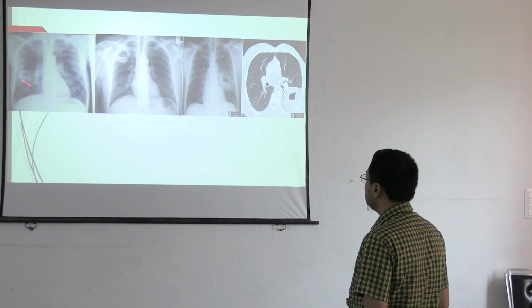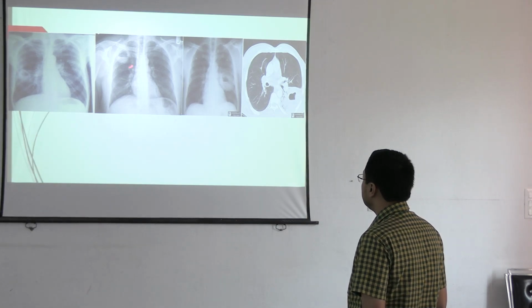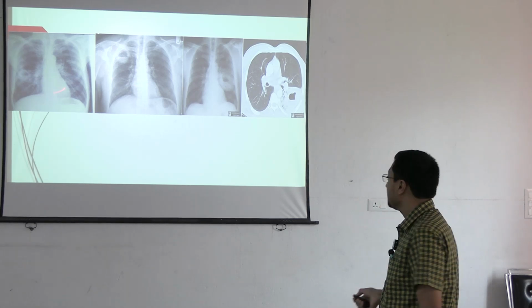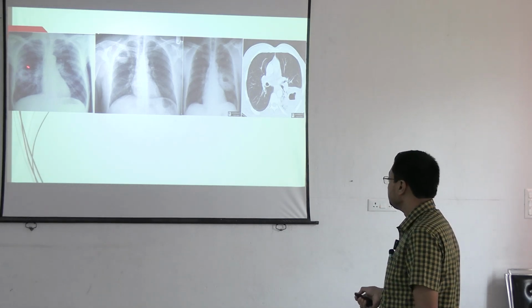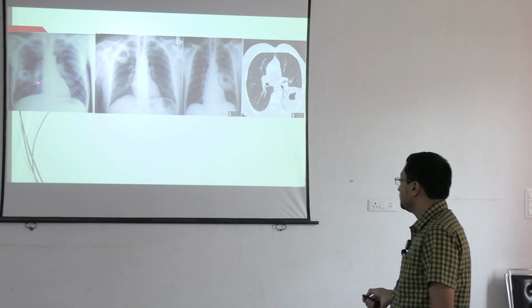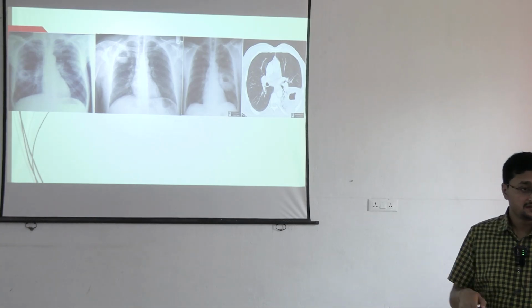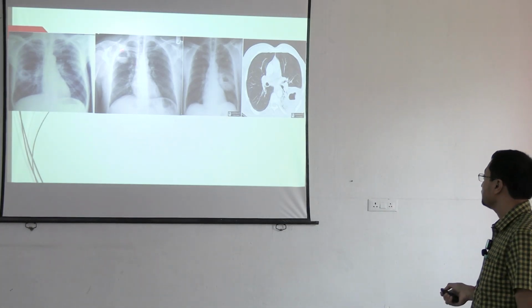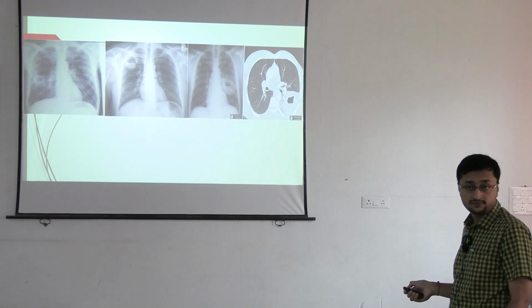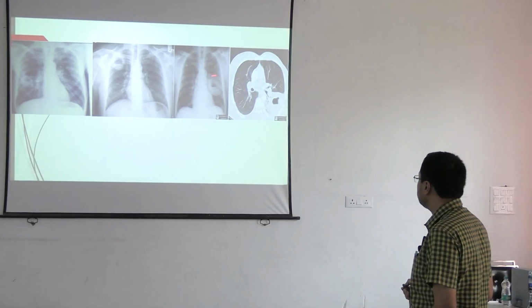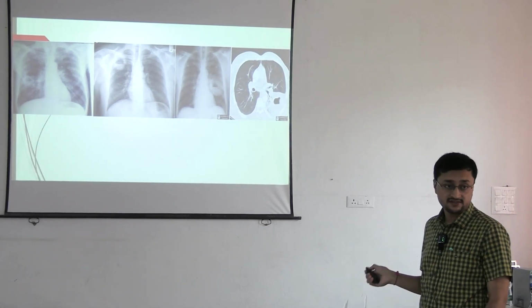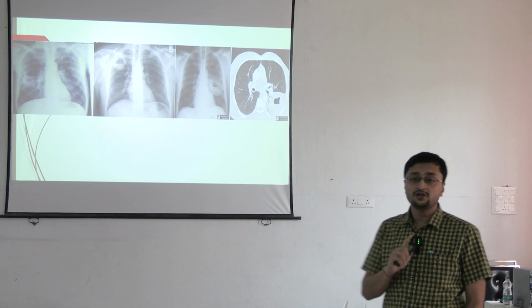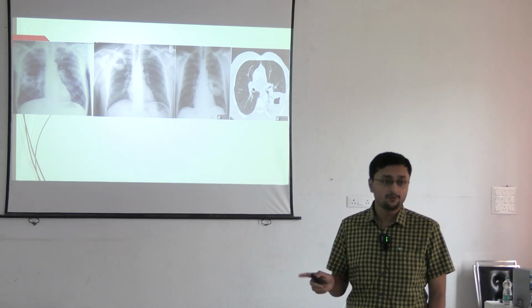This is an X-ray of lung abscess. These are the typical sites for lung abscess: the anterior segment of the lower lobe, and the posterior segment of the upper lobe. But this is not a usual site, this is the left side. Left-sided abscess is not usual and not common.